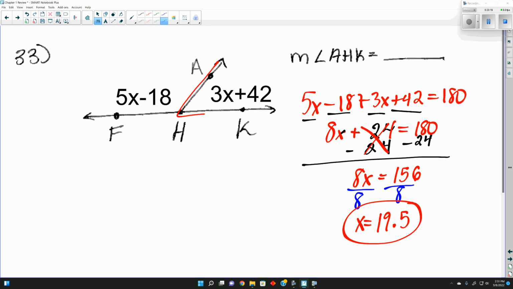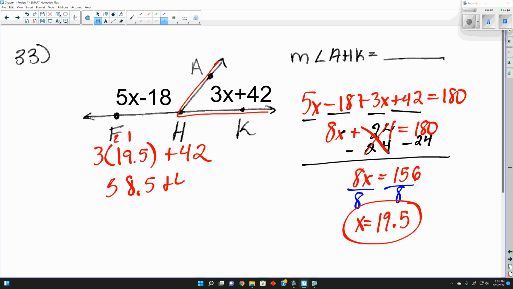So AHK is this here, so we would say 3 times 19.5 plus 42. And all we have to do is put it in the calculator. If we multiplied it by 3, we'd get 58.5, yes? Plus 42 is going to be 100.5. I think the answer that he gave is 100.5.